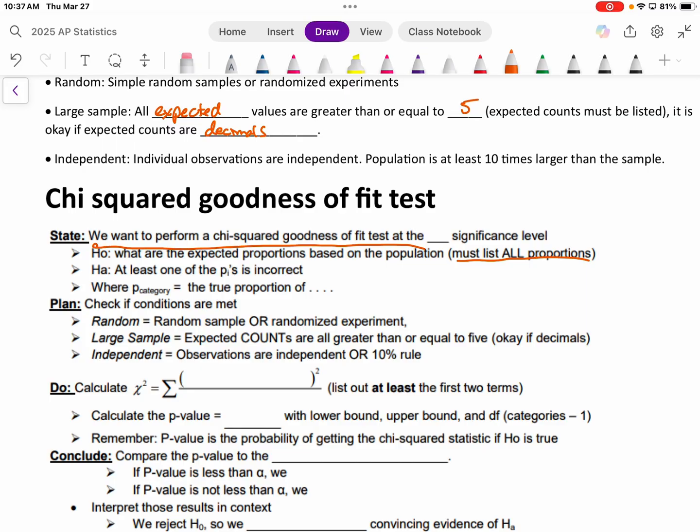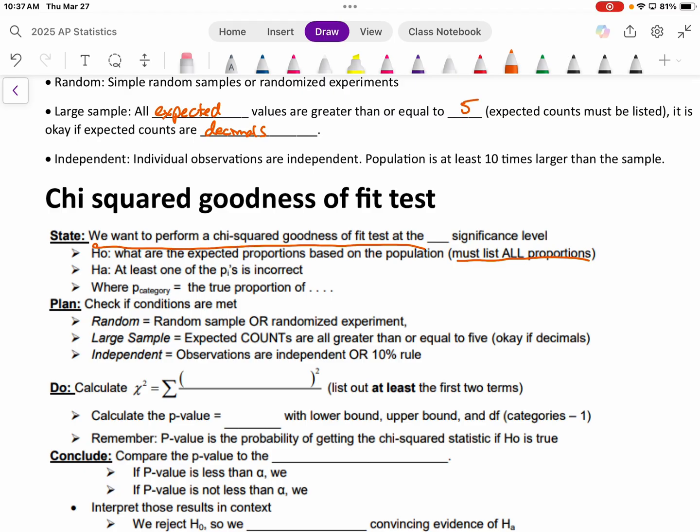They say there's a certain percent of each color inside the bag. And so our null hypothesis would be: are those proportions true?